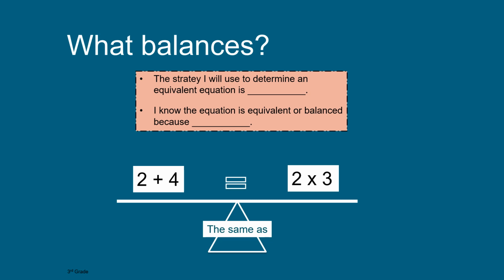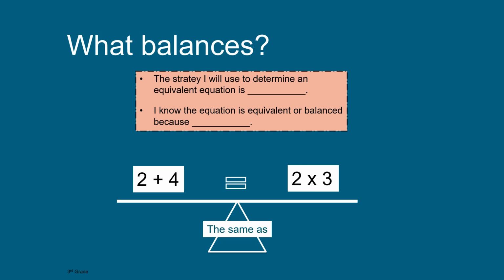Think about how you solved that last problem. What steps did you take to figure out what balanced with this and made this an equal statement? You may have first thought about what 2 plus 4 was equal to, and looked for a matching statement that was also equal to 6.